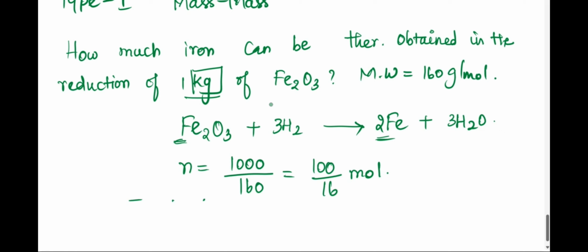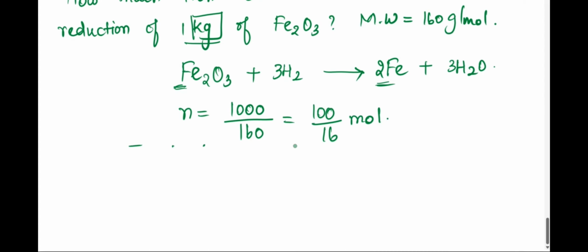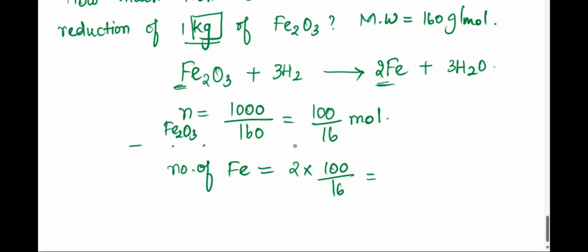So the number of moles of iron can be obtained, that is into 2. So this is number of moles of ferric oxide. This is number of moles of iron. So 1:2 ratio. So 2 into 100 by 16, which will become again 100 by 8 moles.